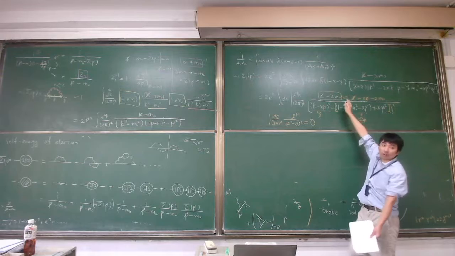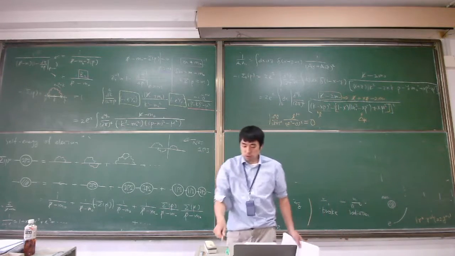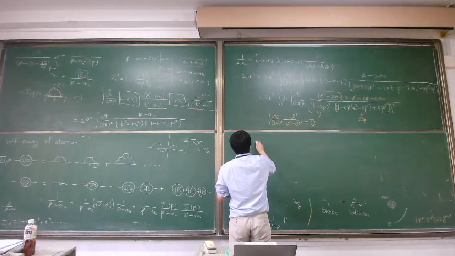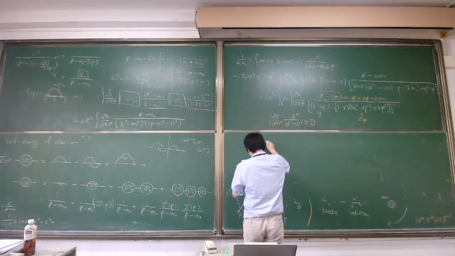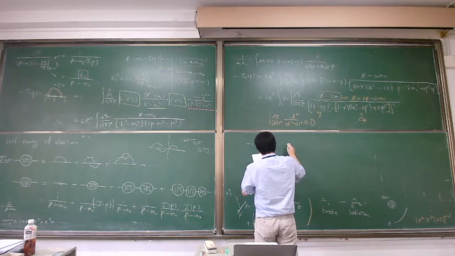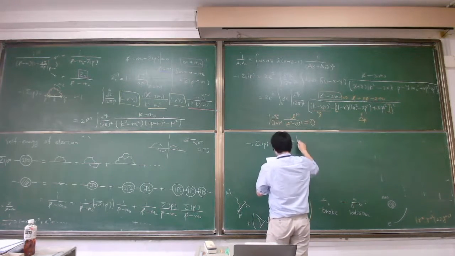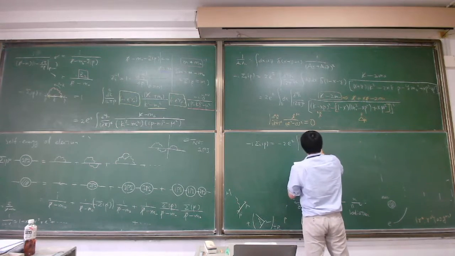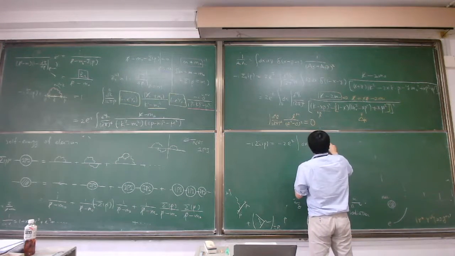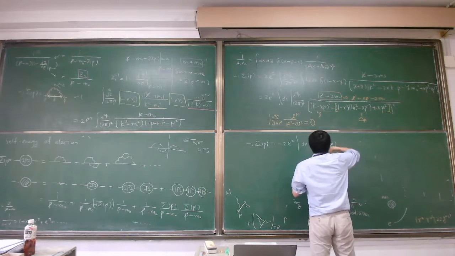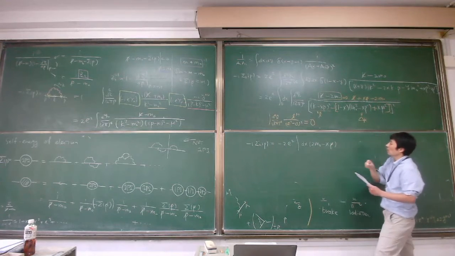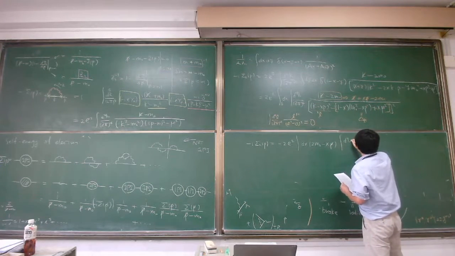So we can ignore this one. Therefore, minus i sigma 2 at the end of the day, we have minus 2e squared dx times 2m0 minus xp slash. And then what's left is the dl integral to the fourth.